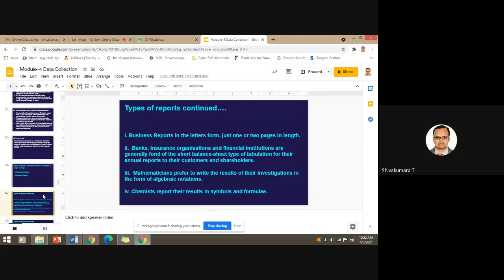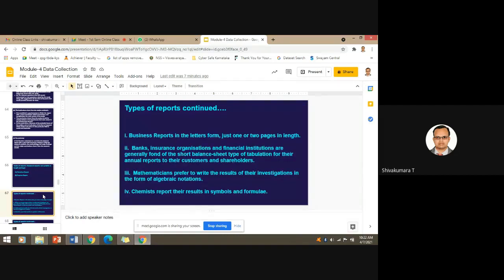The third kind of reports: mathematicians prefer to write the results of their investigation in the form of algebraic notation. So y equal to x square plus 2, it's an algebraic notation, a generalized form, right?